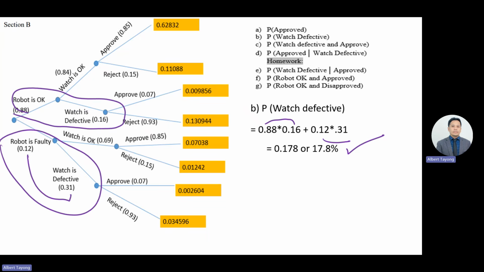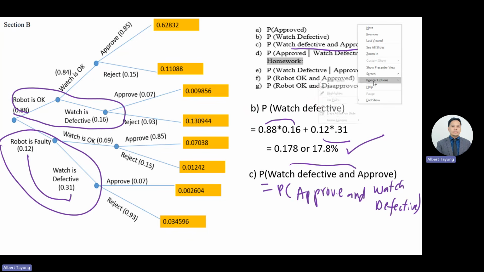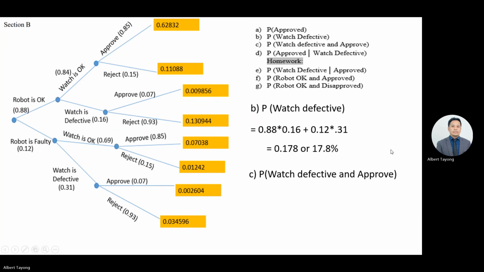Okay, now letter C is P, watch defective and approve. Please take note that P, watch defective and approve is equal to P, approve and watch defective. There is no difference there. We can change the order of these 2. Watch defective and approve: there are 2 possibilities.